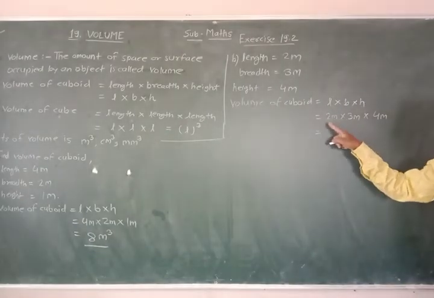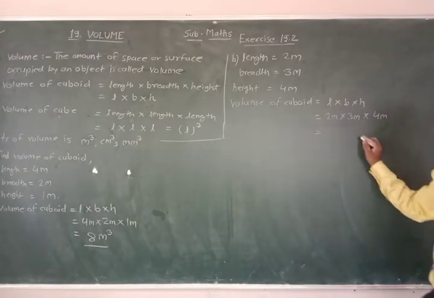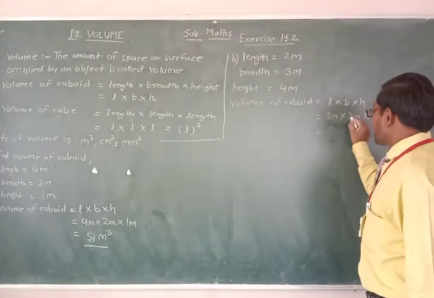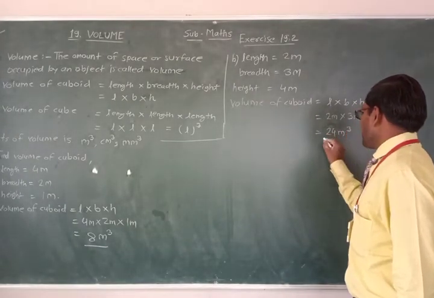First you do the multiplication: 2 times 3 is 6, 6 times 4 is 24. 24 meter cube. This is the volume of the cuboid.